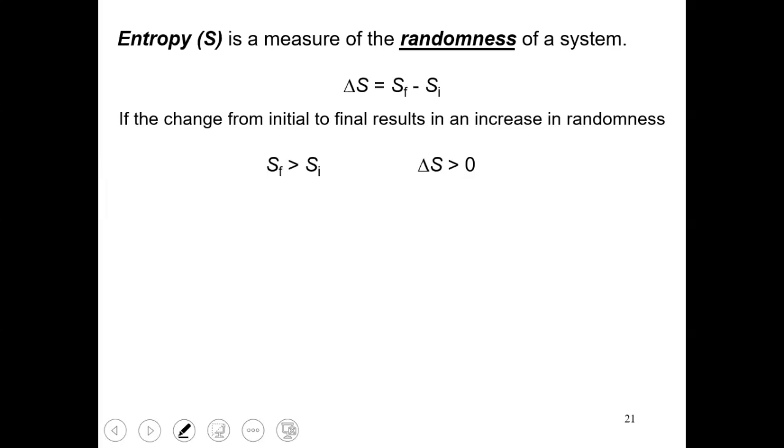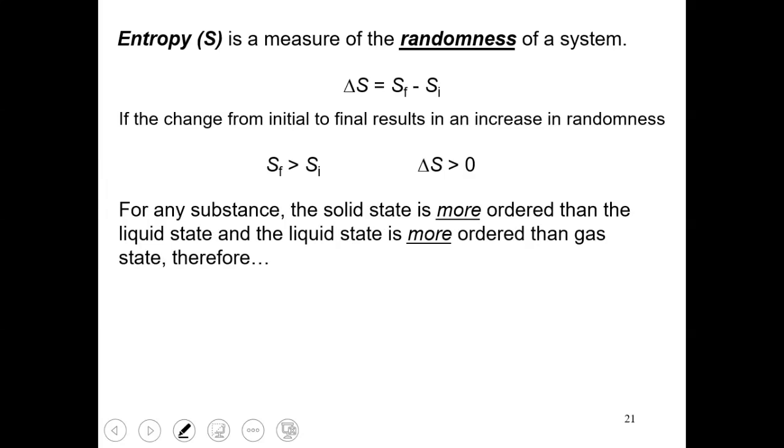As we saw in that previous chart, the physical changes from solid to liquid and liquid to gas allow us to see a sequence. For any substance, the solid state is more ordered, in other words less randomly organized, than the liquid state, and the liquid state is more ordered than the gas state. So we can build this little sequence where we can see the entropies of solid versus liquid versus gas.